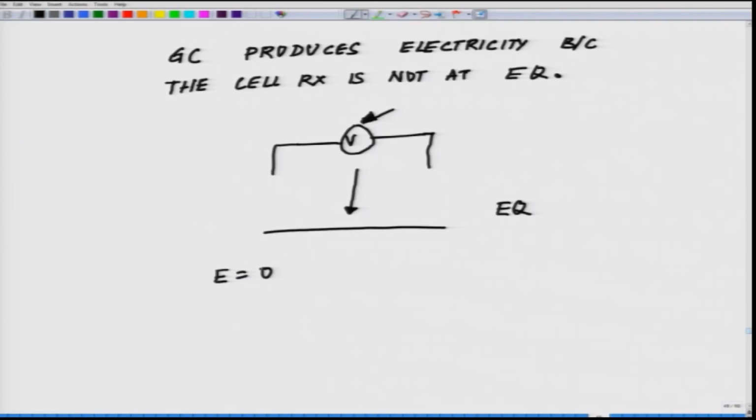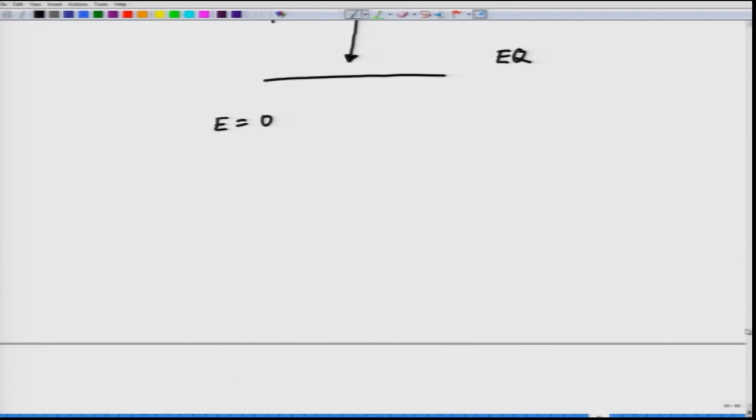This is one concept which I wish you should understand. The second thing that is important here is, let us relate the E for a whole cell to the reaction quotient Q. So, we are trying to relate E and Q, which is the reaction quotient.